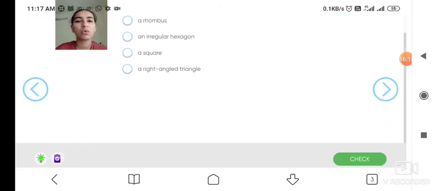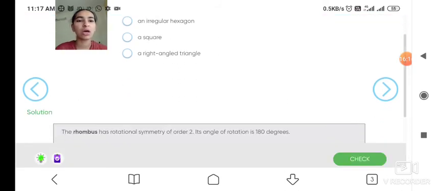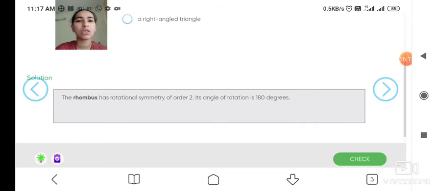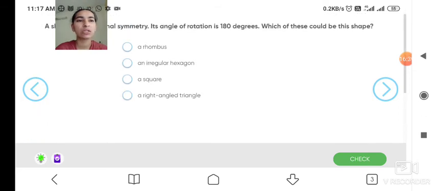See, the rhombus has rotational symmetry too. If that rhombus is rotated by 180 degrees, then it has rotational symmetry of order 2. So its angle will be 180 degrees.